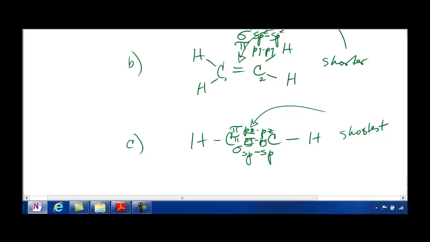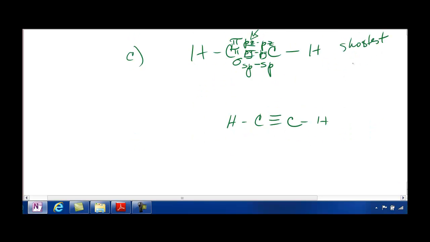And the triple would be the shortest bond length and the highest in energy. These concepts of bond length and energy started all the way back in Lewis, but it's just repeated.